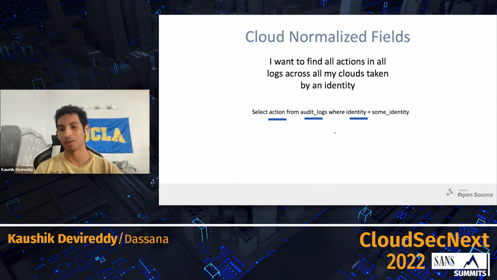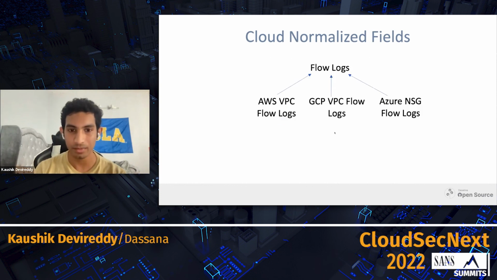So no longer do we have to remember that in one log it's called principal email, and in another log it's called caller. We can simply write this simple query and have code expand it into something that answers this question.